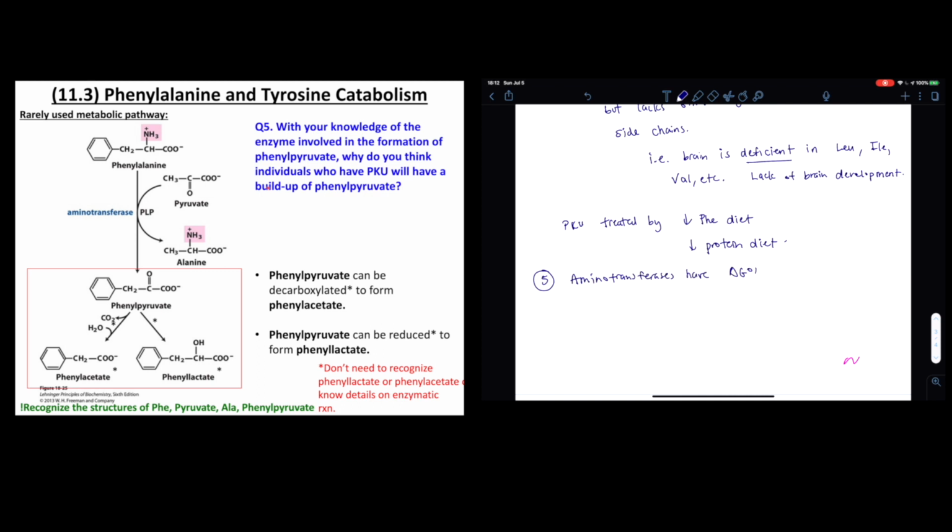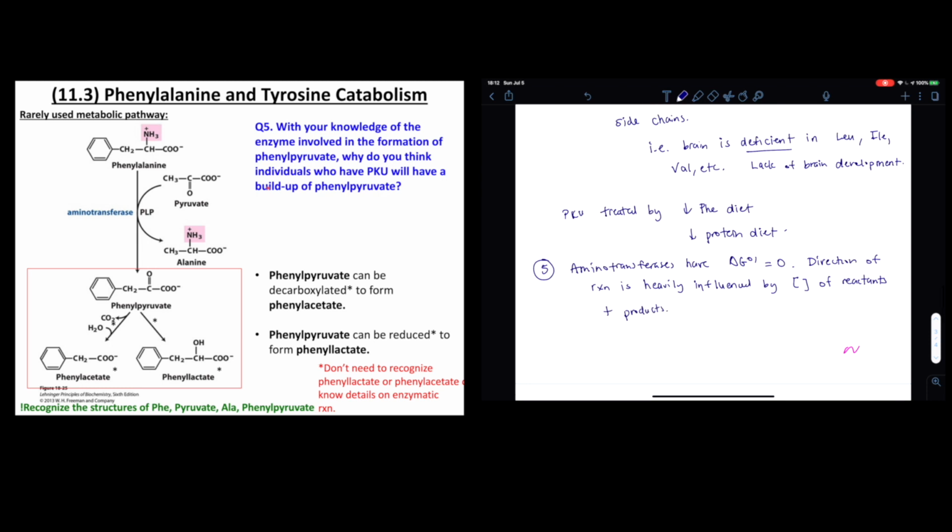Aminotransferases have a delta G naught prime value of 0, right? So this means they're heavily influenced by the concentration of reactants and products. So the direction of the reaction is heavily influenced by the concentration of reactants and products.